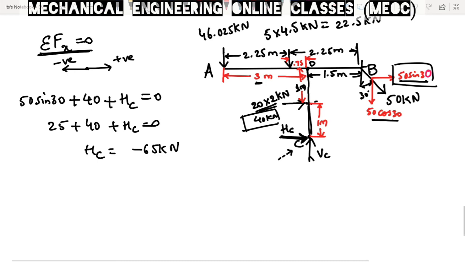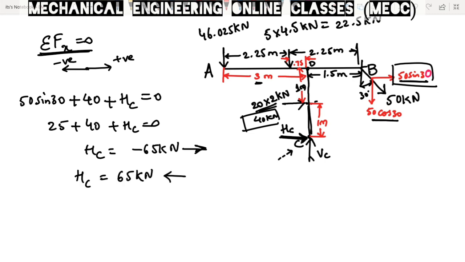So this means that it is minus 65 kilonewton rightward, which actually means that it is a 65 kilonewton force acting leftward. So if HC is acting leftward, then the diagram will be like this. So for HC, the direction will be this. That's all. So this is how we will get the correct direction. Now HC is found out.